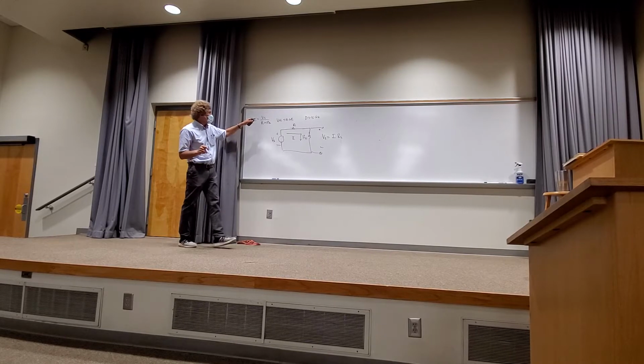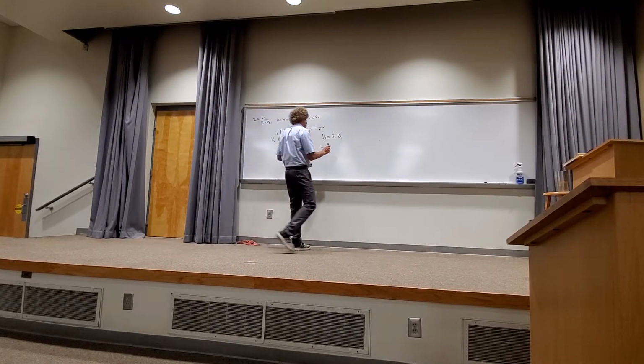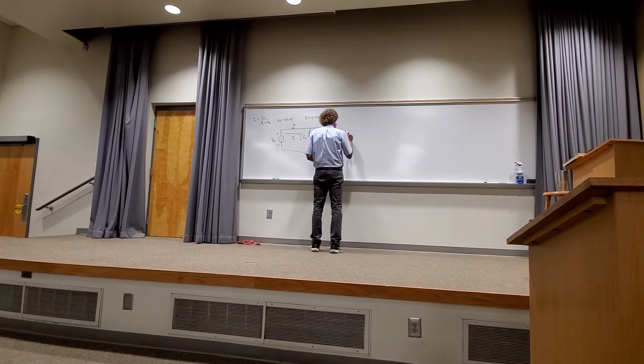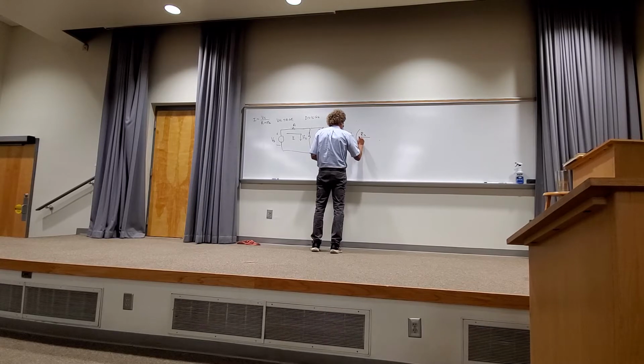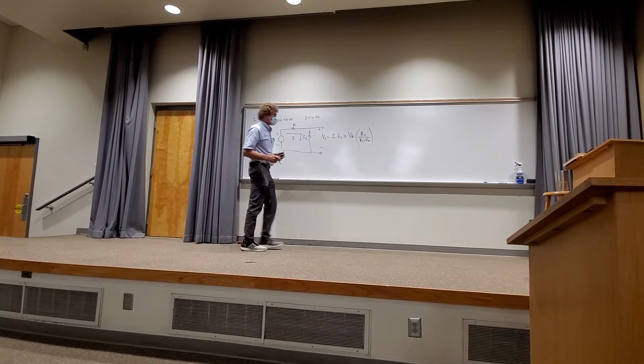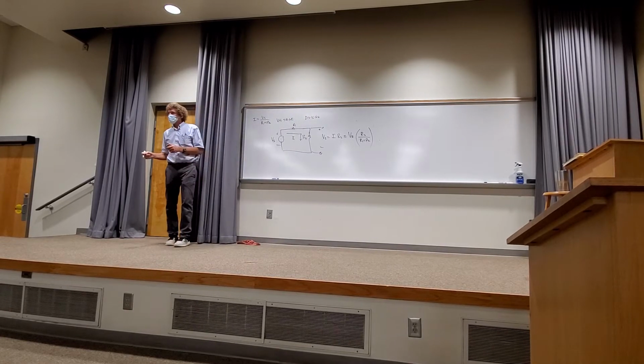And if I just put in that value for I, that means this is really the source voltage times R2 over R1 plus R2. Isn't that right? And really what I have there is something very interesting.